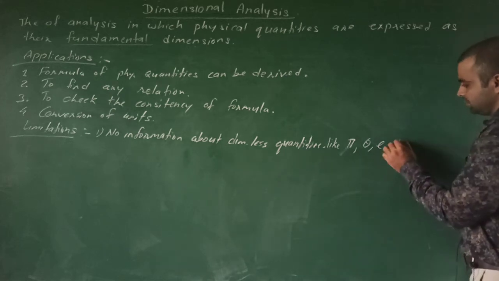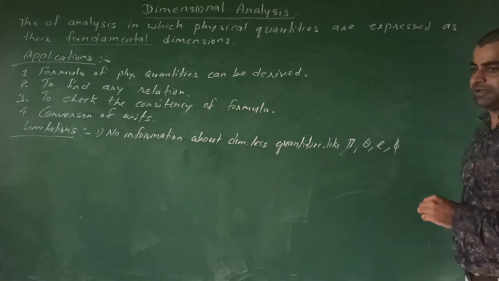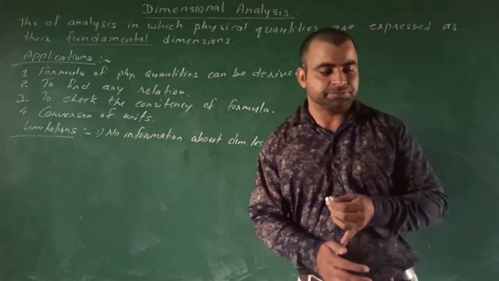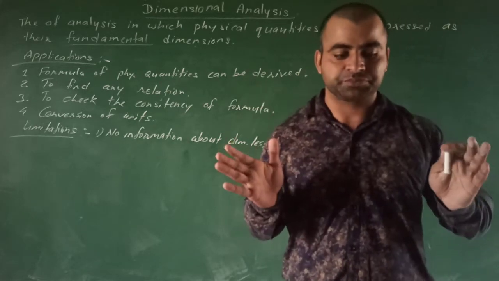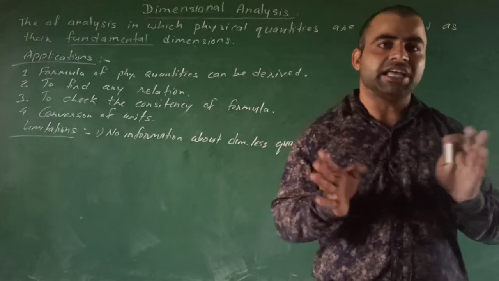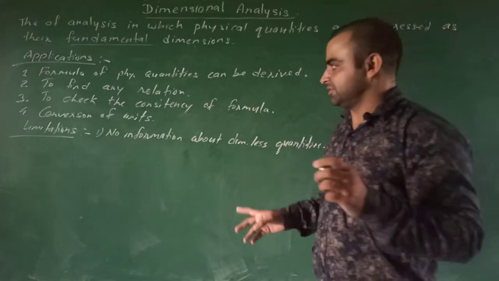or say phi, etc. Next, if a quantity depends on more than three factors, then we cannot find out the relation.